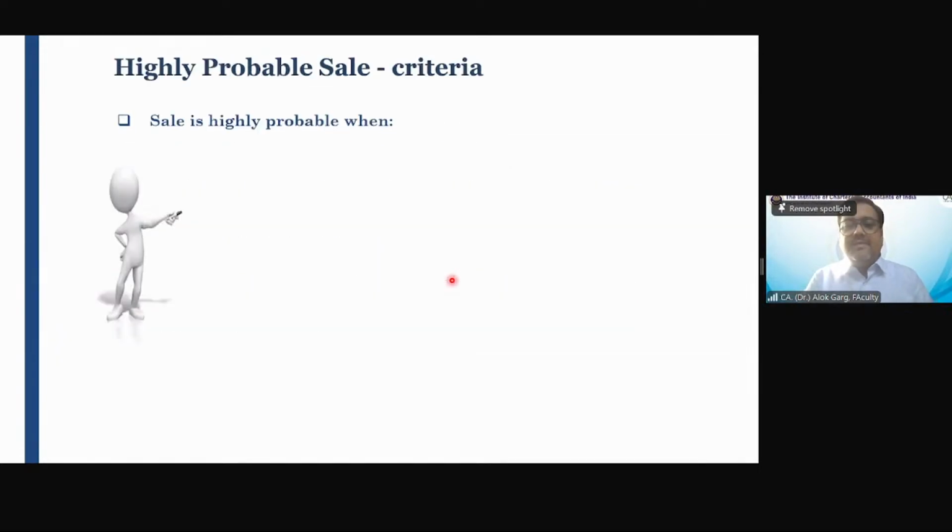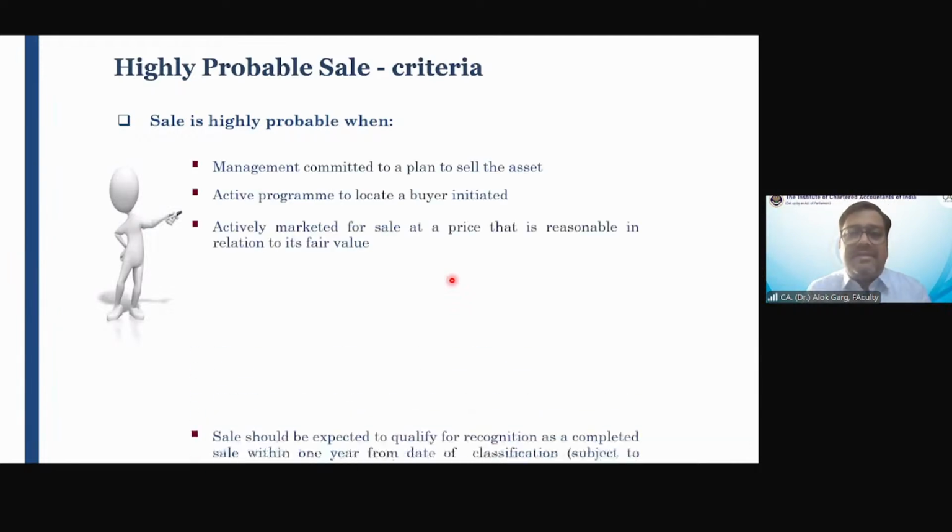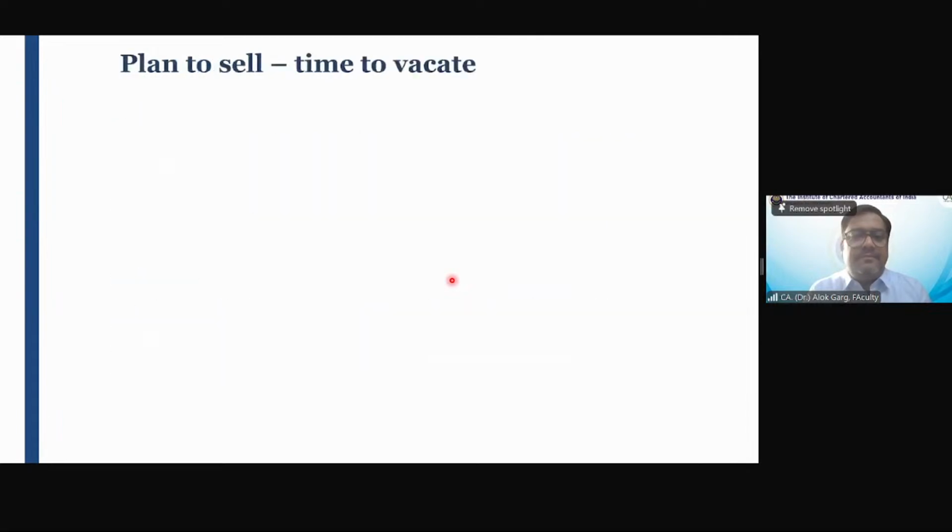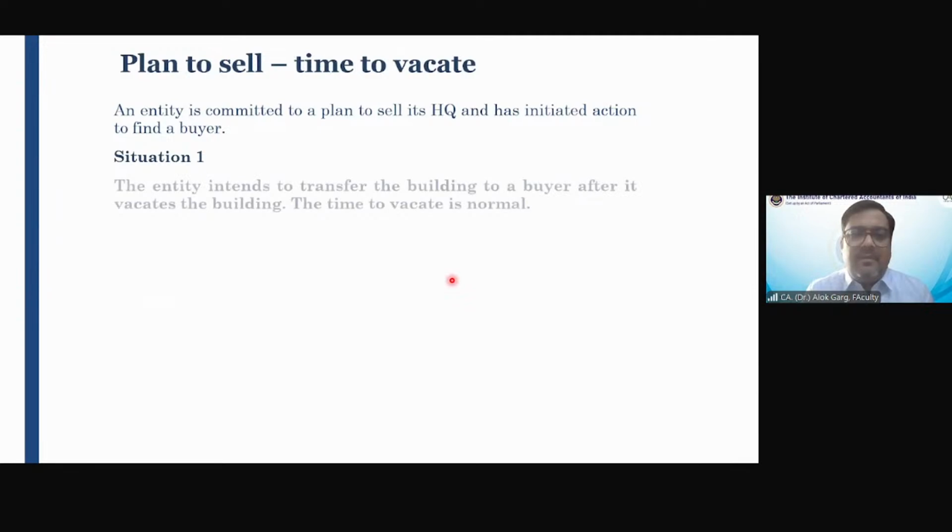So friends, before moving to the next criteria, which is sale is highly probable, let me discuss a few examples. An entity is committed to a plan to sell its headquarters and has initiated an action to find a buyer.